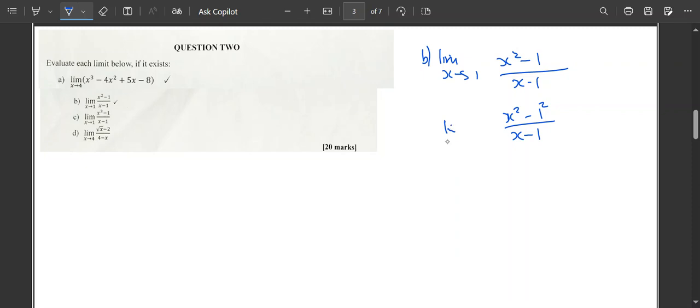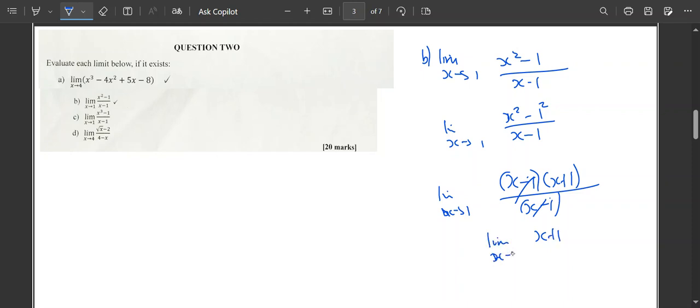So we say lim as x approaches 1 of x plus 1.